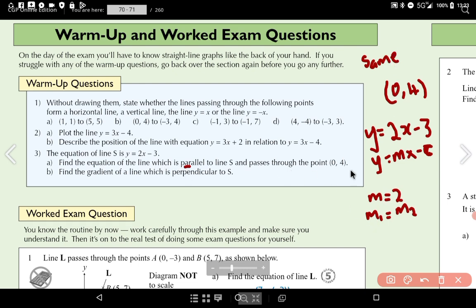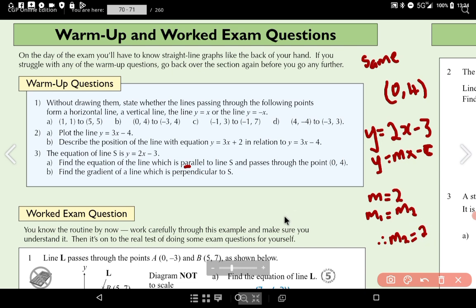So parallel lines have basically the same gradient. Therefore, we can say gradient 2 is equal to 2 as well.